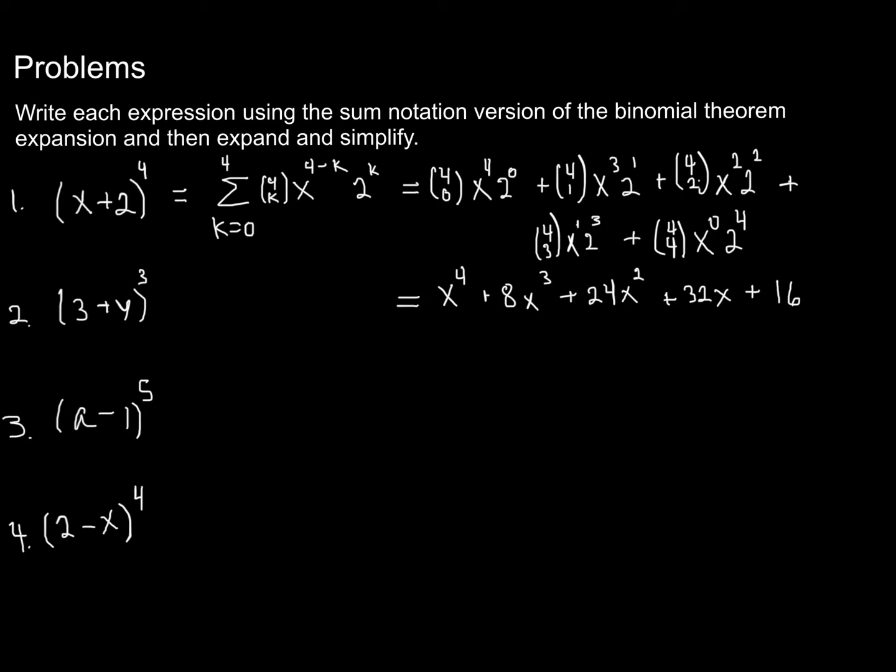So I went through and I computed my 4 choose 0, 4 choose 1, 4 choose 2, 4 choose 3, 4 choose 4, and also multiplied it by whatever I got for my 2 to the certain power.